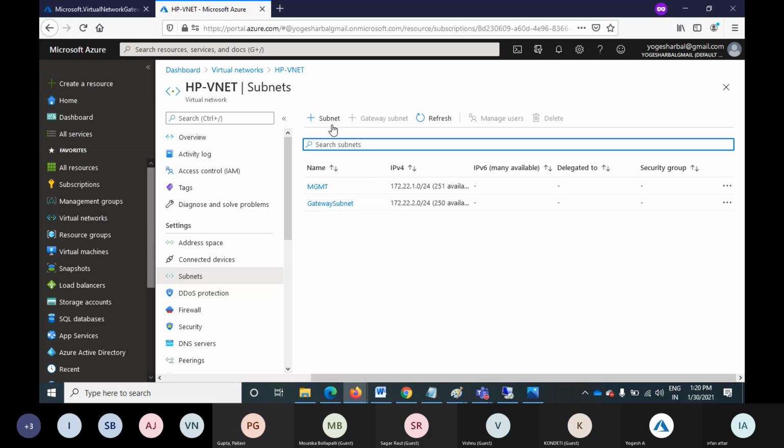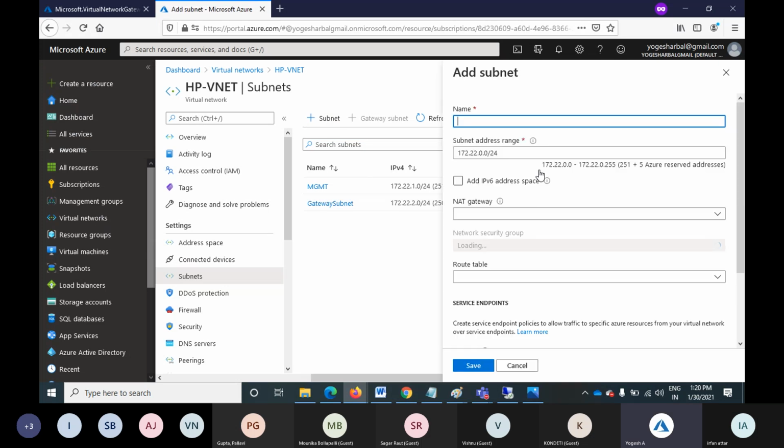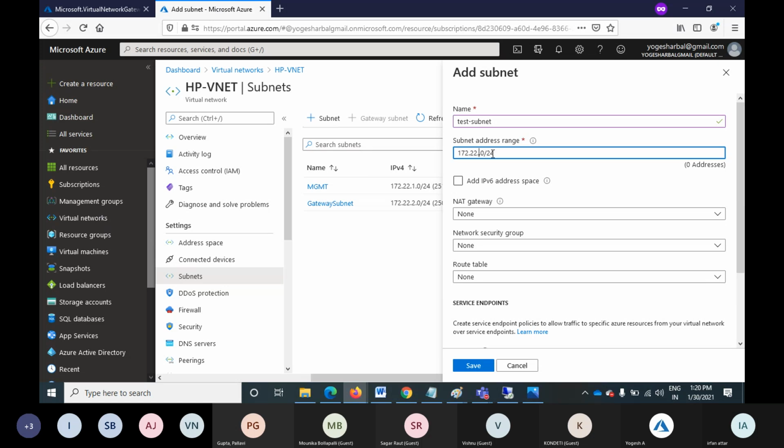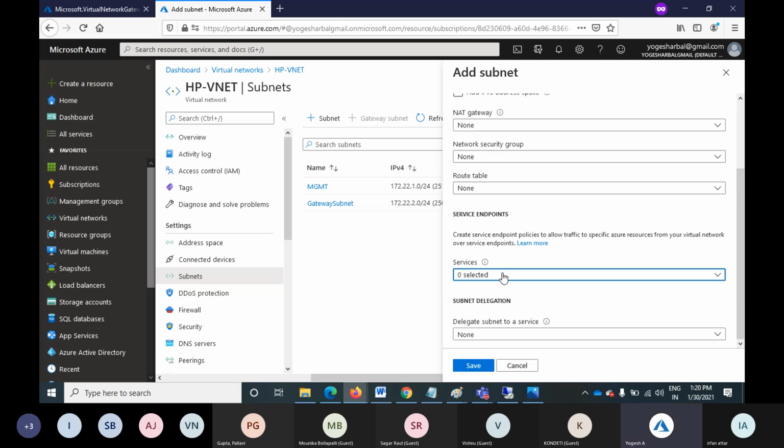Subnets, and under subnet, let's create one more subnet here. Let's see, this is my test subnet. Okay, and now test subnet is 3.0, and let's go into the endpoint services.